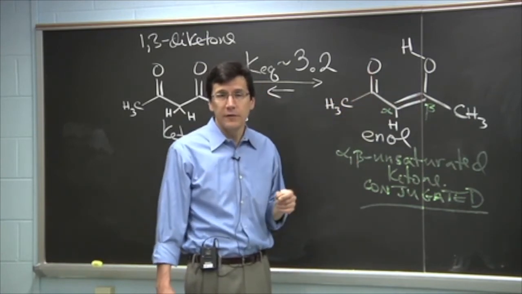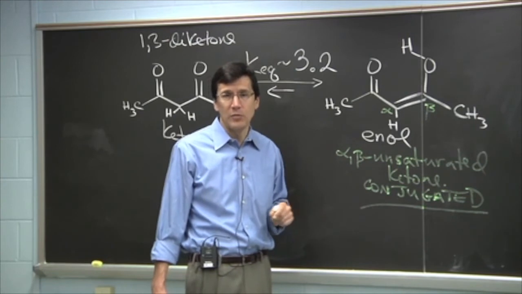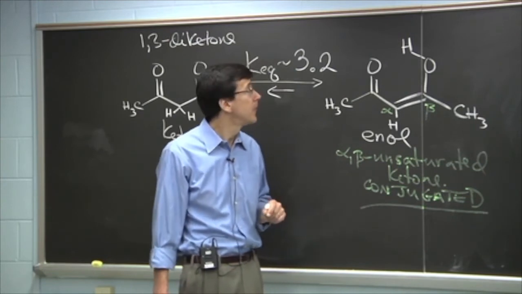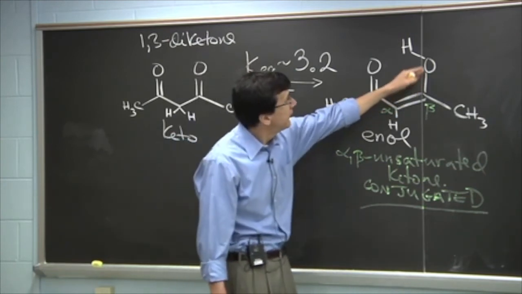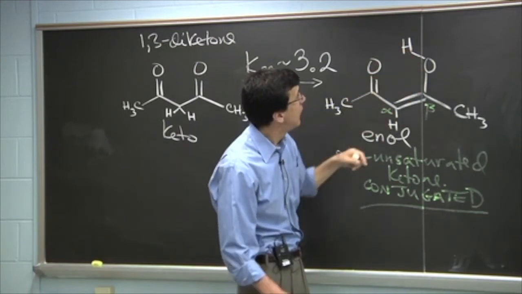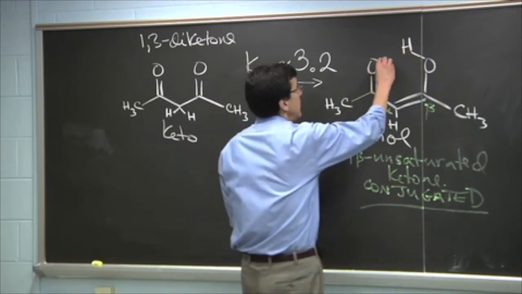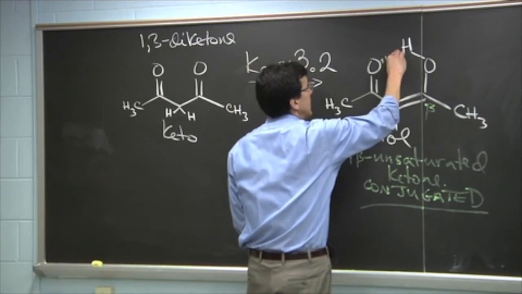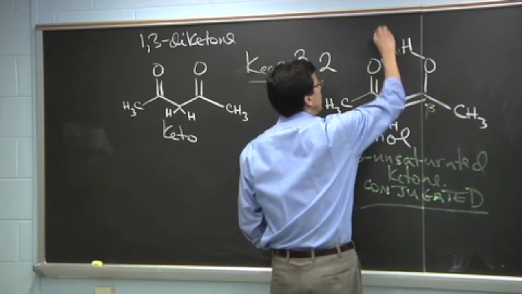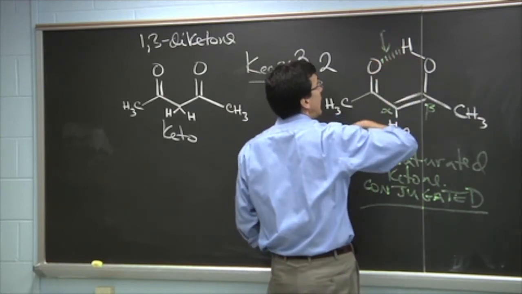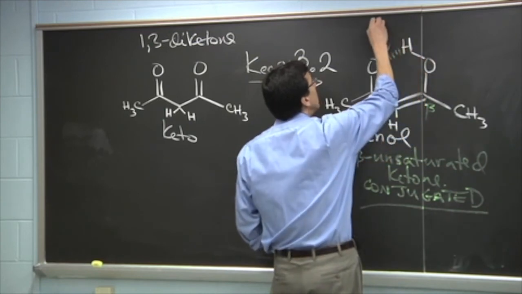So can you think of another reason why this enol might be particularly favorable? I've drawn this in a kind of suggestive way. There can be a hydrogen bonding interaction between the oxygen of the ketone and the proton of the enol.